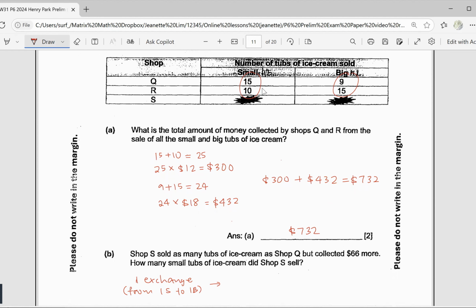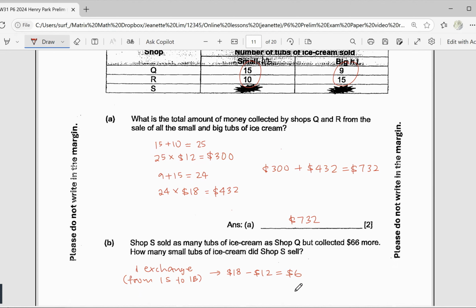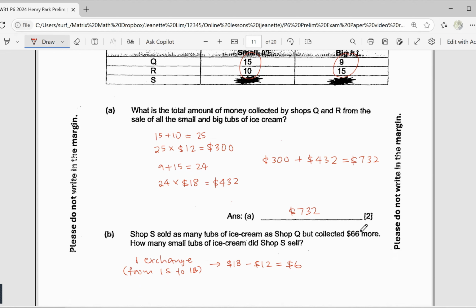The difference is between 18 and 12, which is $6. So every time I swap, I remove one small, I add in one big tub, I get an extra $6. But shop S is extra $66.